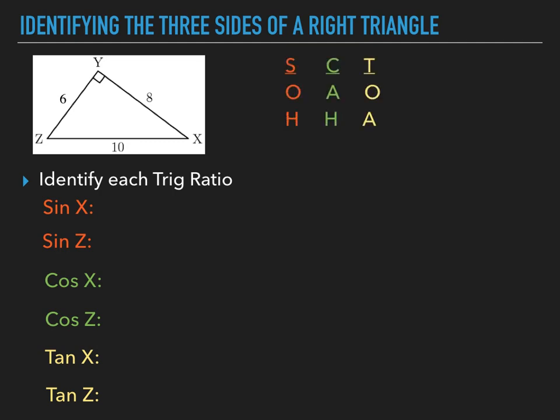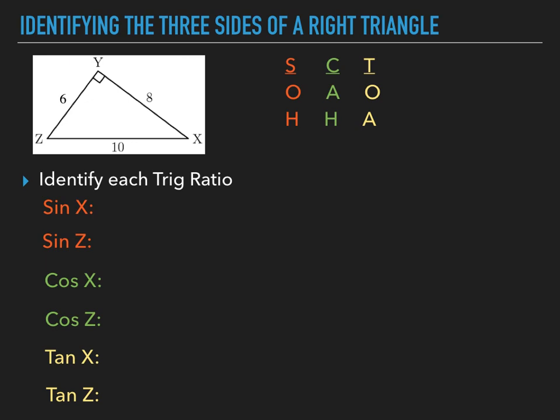Remembering SOHCAHTOA, and I've color-coded here so that my sine is my opposite over my hypotenuse, now we want to find the sine of X. So look at that diagram. You're stationed at angle X. If sine is opposite over hypotenuse, what is the sine of X?